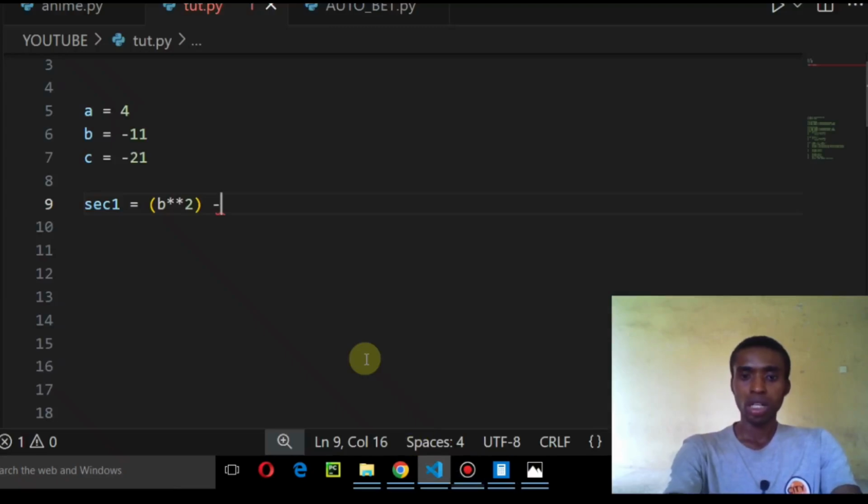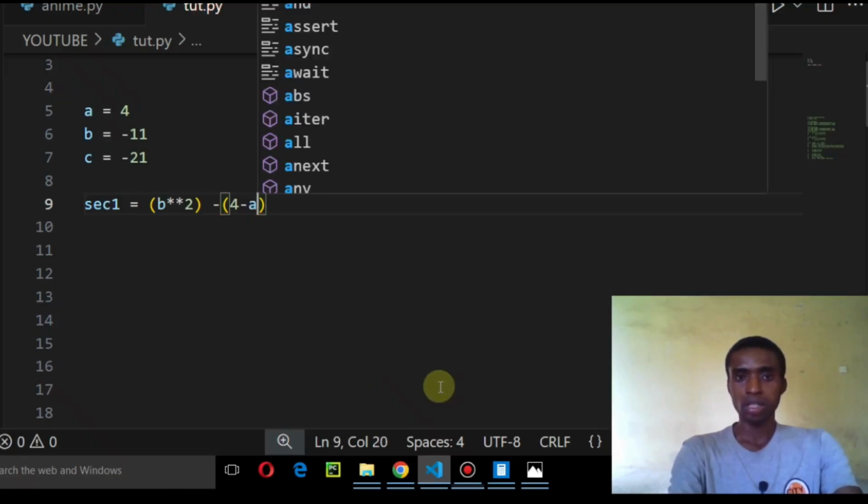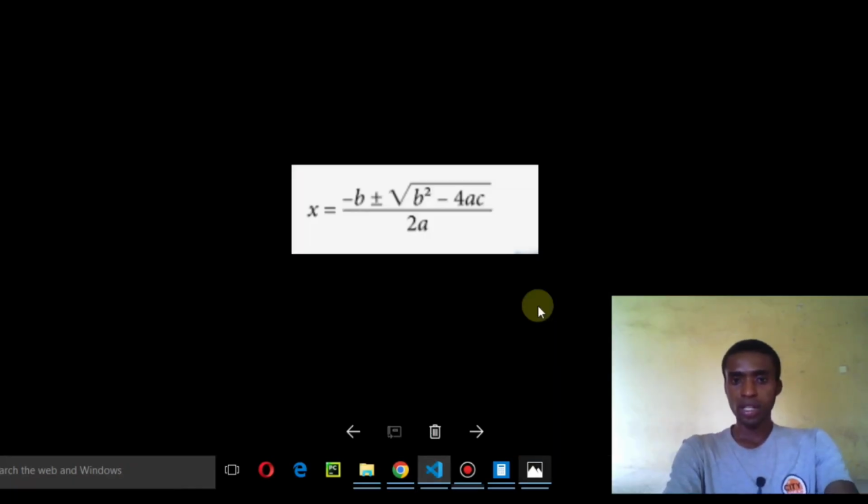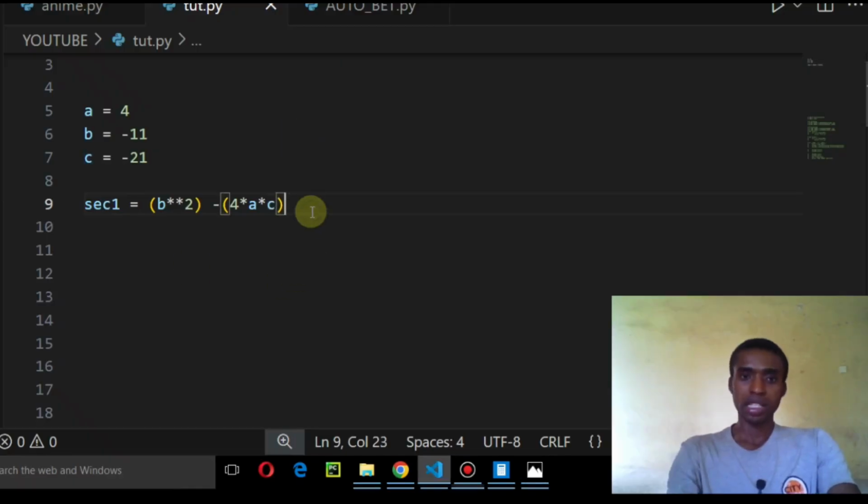Sorry, it's going to be 4 times a times c. Hope we are still following correctly. How did I forget this formula for ac? So we're done with section 1.